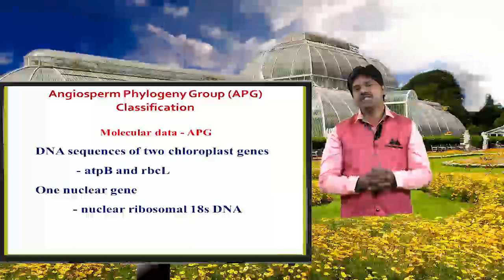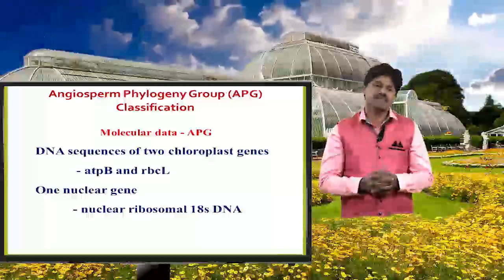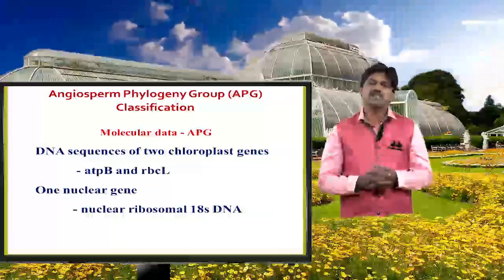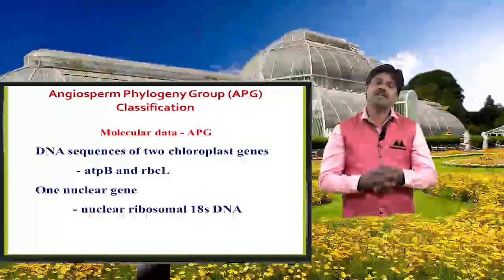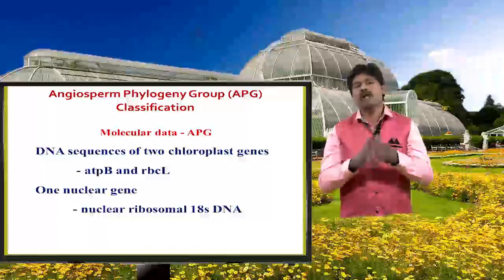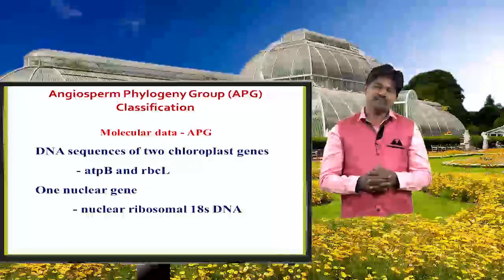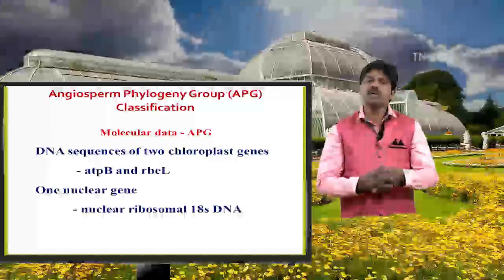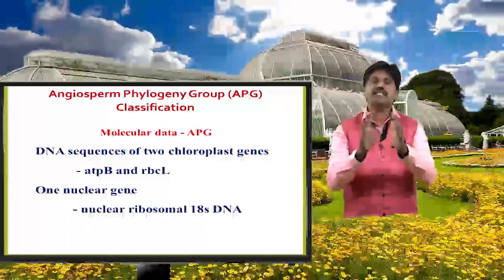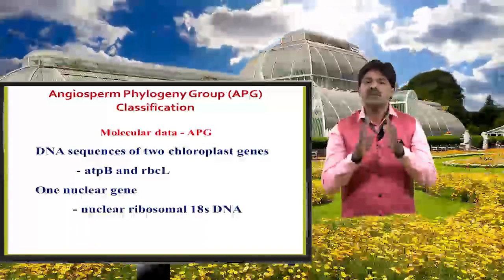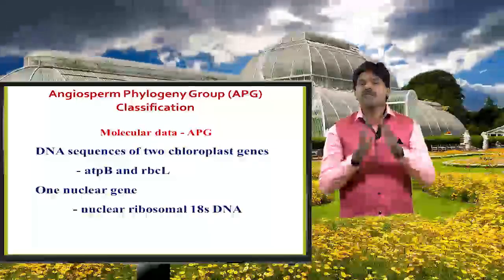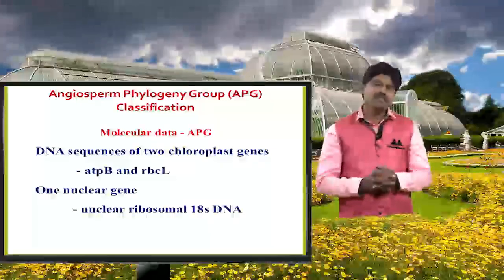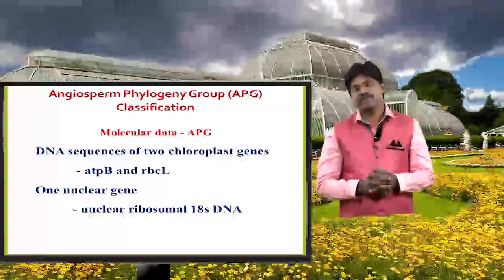These 2 genes are present in chloroplast. So this genetic information is used for the APG. Then another one, a nuclear gene, is the nuclear ribosomal 18S DNA, which is used for APG. It is one gene. So these genetic informations are used for the APG.